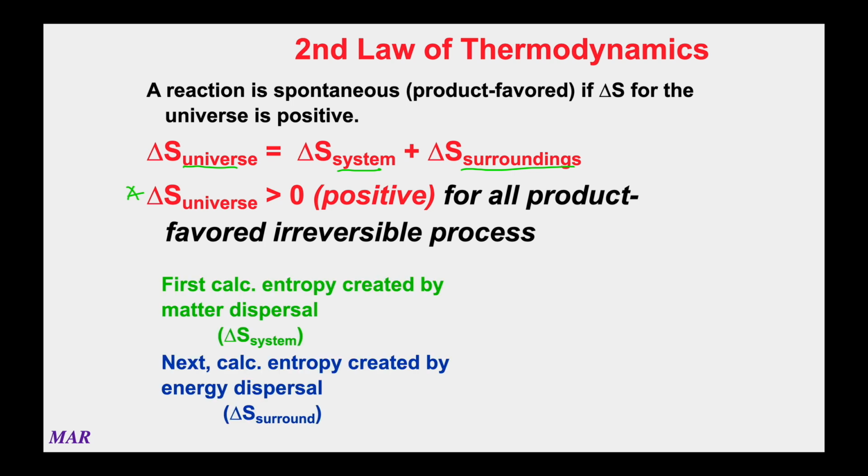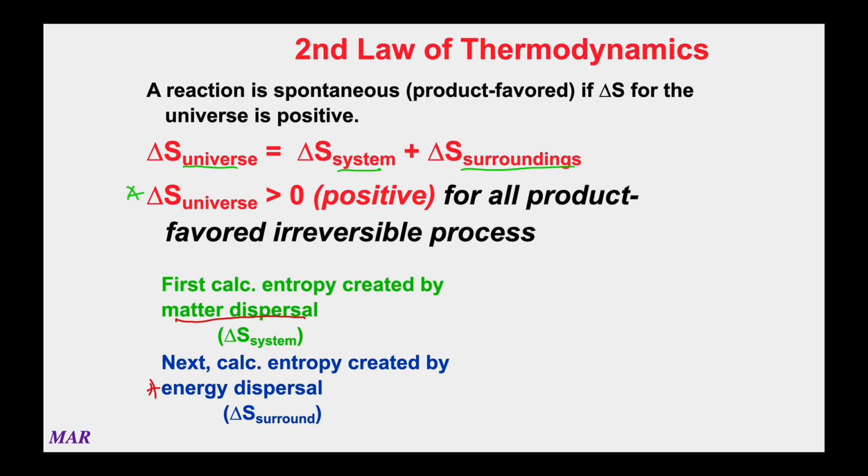So if we want to calculate the entropy of the universe, we have to first of all calculate the entropy of the system. And the entropy of the system is usually what we do when we calculate matter dispersal. And that's like classic entropy, all right? Because classic entropy talks about moles being dispersed and liquids versus gases, et cetera. But we also then need to think about the entropy that's created through energy dispersal.